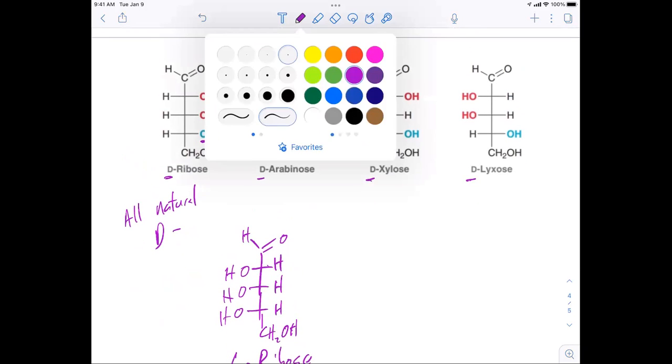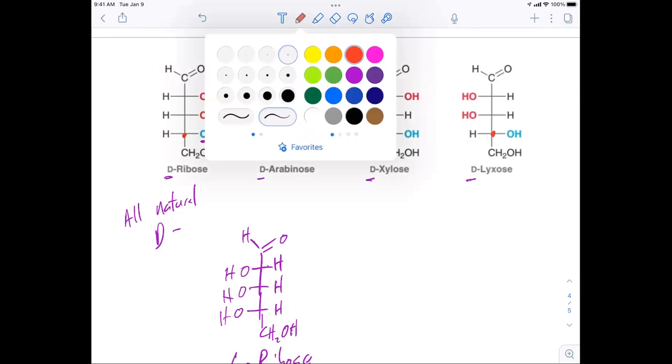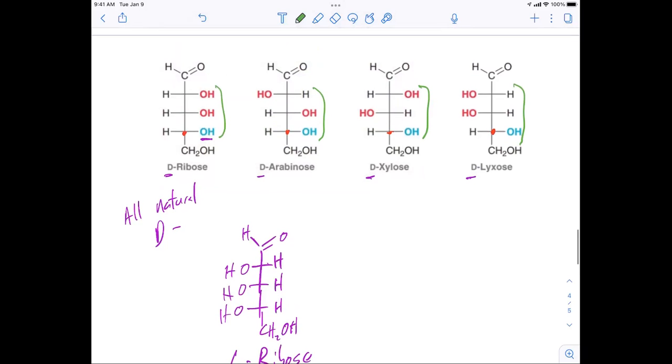So it's really this last carbon down here that determines whether something is L or D. It is the arrangement of the hydroxyls, right, that tell me whether it's a ribose, an arabinose, a xylose, or a lyxose.